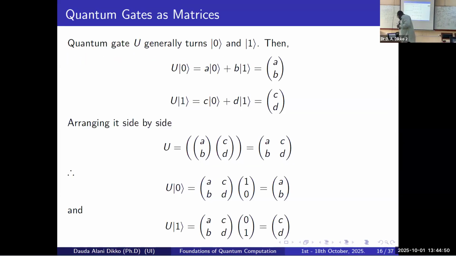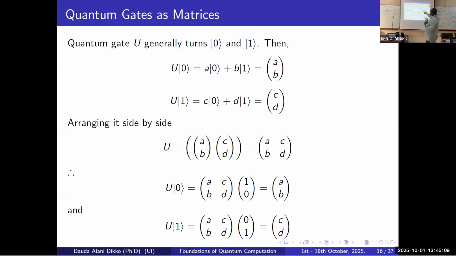Then I think for our quantum gate U, the input generally comes to be either ket 0 or ket 1. If U acts on ket 0, it gives us A and B, where A and B are the states.